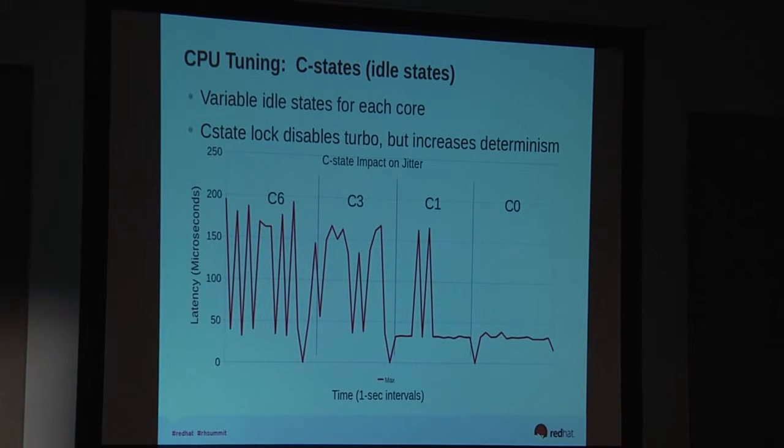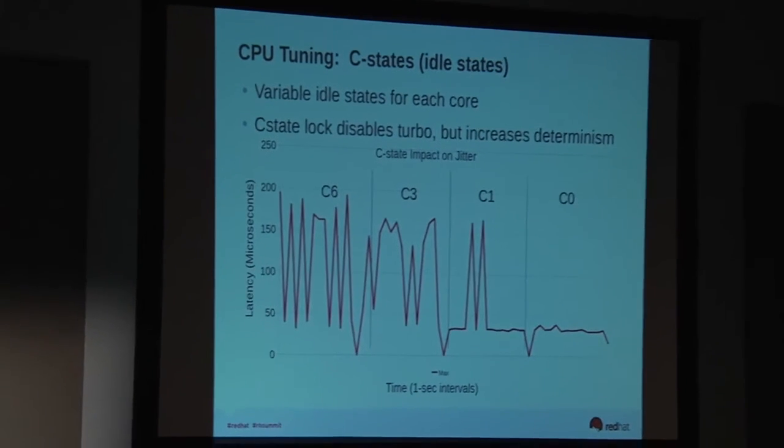And you can see as the processor turns more and more of its feature set on, there's less and less jitter. And in fact, we're very, very tight on the standard dev side at C0. Questions so far? In the TuneD profile for latency performance, there's a Python script in there. Check it out.